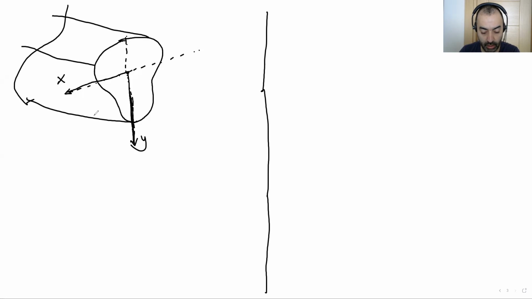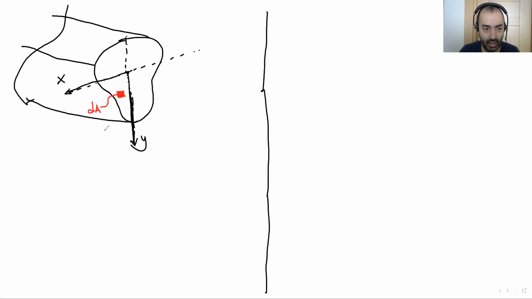If we have, for example, a small area on the member, this red area, let's say the area is dA.